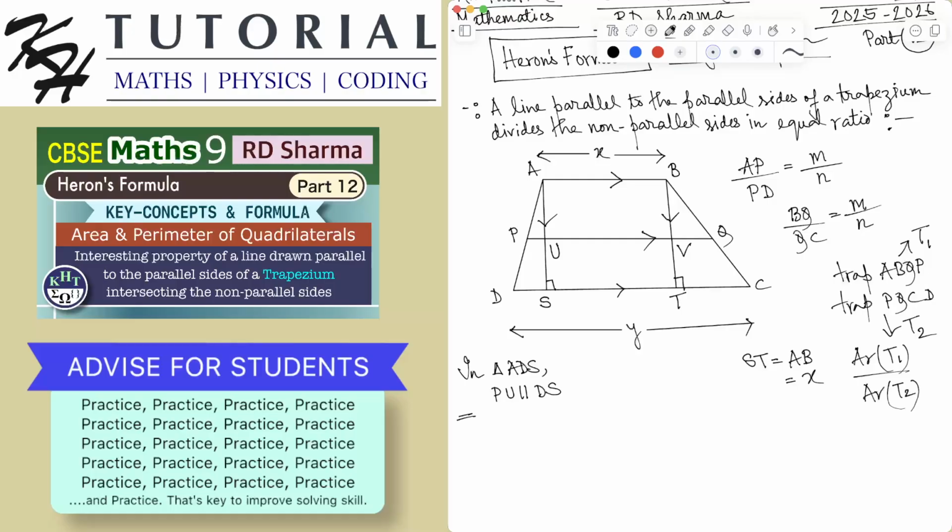So this will imply that AP by AD will be equal to AU by AS, which will be equal to PU by DS. Now, what do we know? We know AP by PD.